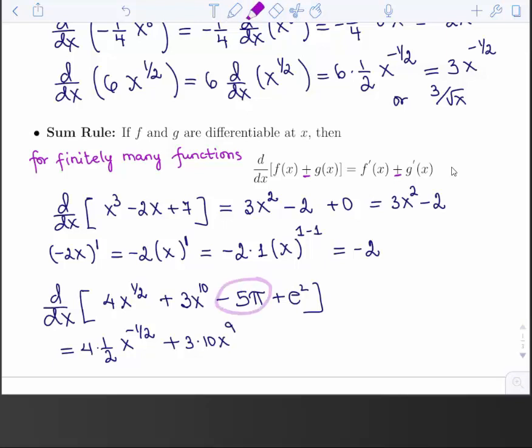This is a constant, and so is this. Even though there is a power there, it's still just a constant. So this is plus minus 0 plus 0, right? This can be simplified to 4 over 2, that's 2, x to the negative 1/2 plus 30x to the 9th. These two are constants.